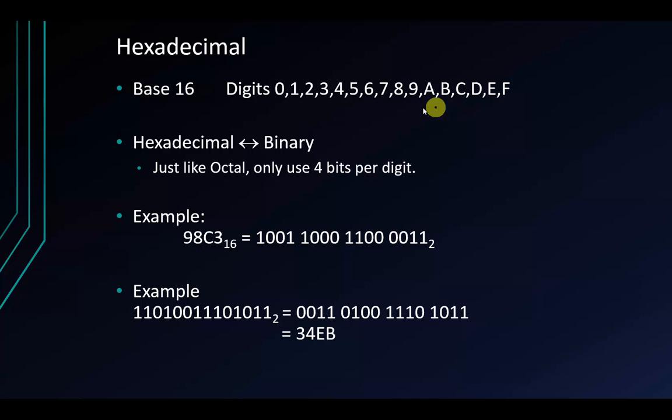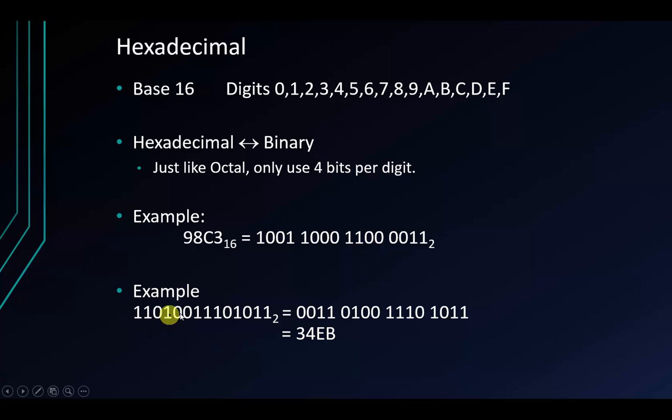So conversions from hexadecimal to binary, it's just the same as octal, only you use 4 bits per digit instead of 3. So here is an example of a hex value, 98C3. You take the first digit, you convert it, the 9 into a binary 9, the 8 into a binary 8, and so on.